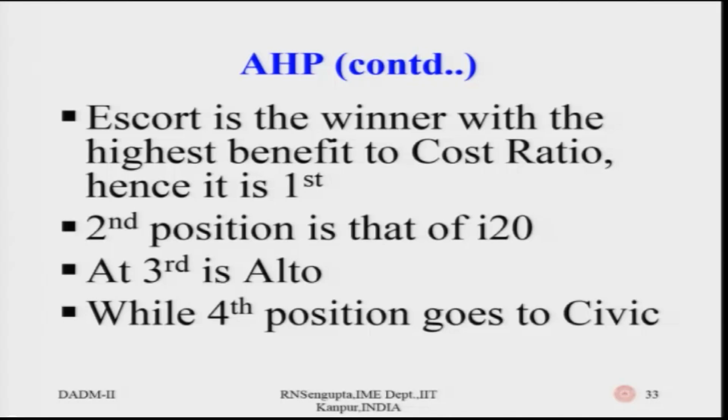once you have the combined scores, Escort is the winner with the highest benefit to cost ratio, hence it is in the first position. Second position will go to I-20, third to Alto, while the 4th position goes to Civic. Obviously, depending on the criteria which I have already mentioned and the cost structure, you have this. The problem concept is very simple.